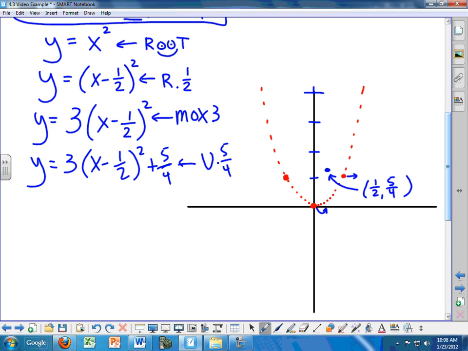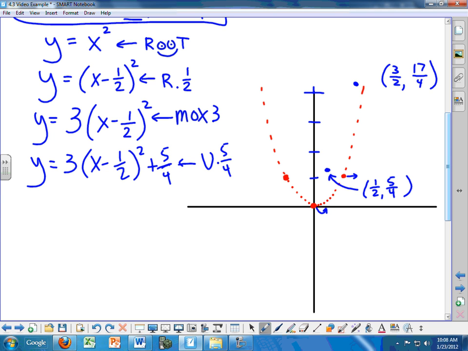So this is a very tricky point. It comes up about here somewhere, and it is going to be at 3/2, and then 4 and 1/4. So that would be 3/2, and then 4 and 1/4, which is 17/4. That's a very tricky point right there.